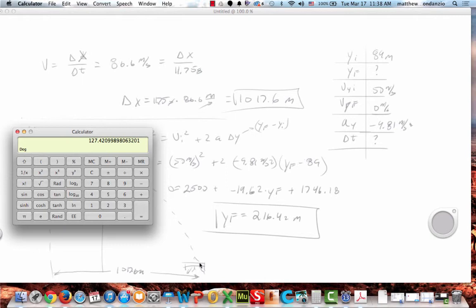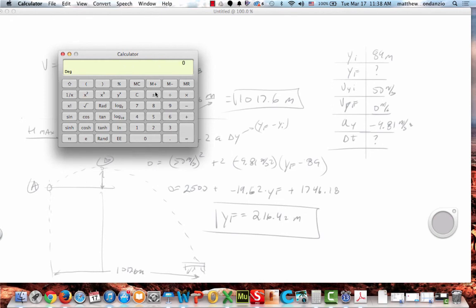And maybe my math's off. Let's just redo the math and make sure I did it right. So 50 squared is 2,500, and then I've got 19.62 times 89. Yeah, that's right. Plus 2,500 divided by 19.62.